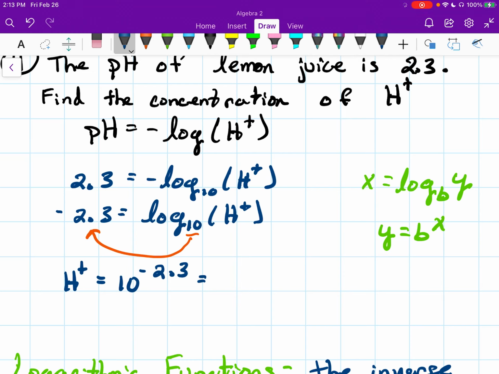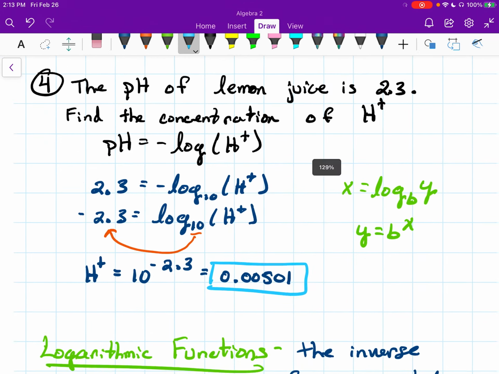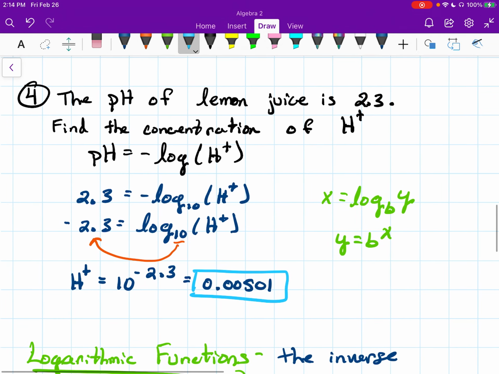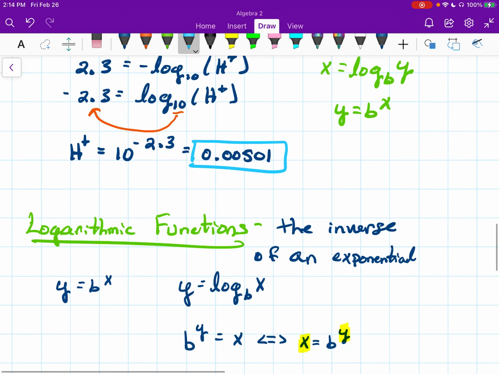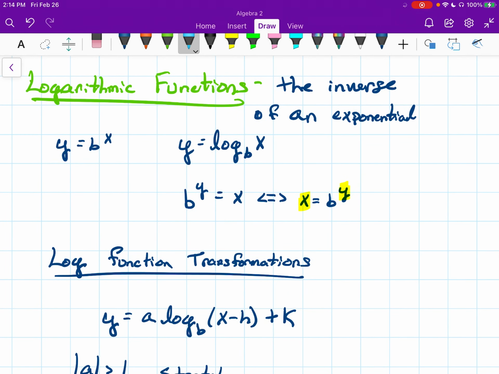And whenever we type that into our calculator, I'm going to type in 10 caret negative 2.3. I get some really small number, 0.00501. And that's going to be our answer. There is a problem on your homework that is very similar to this. Next up, logarithmic functions, the inverse of an exponential. A logarithmic function is the inverse of an exponential.